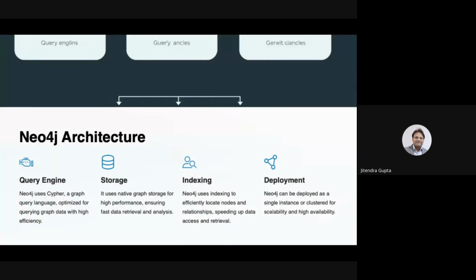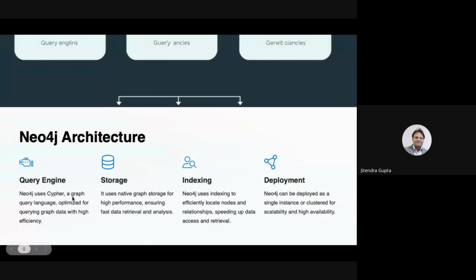Now, coming to the Neo4j architecture, there are basically four components. I'm just highlighting this at a very high level; it will be a deep dive in the upcoming sessions. In the Neo4j architecture there is a query engine behind. If you think about how the data is stored and how we retrieve it, it is Cypher. Cypher is a query language, similar to SQL, that retrieves data from graphs.